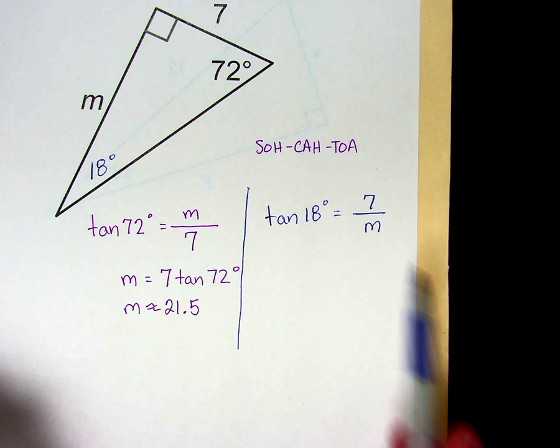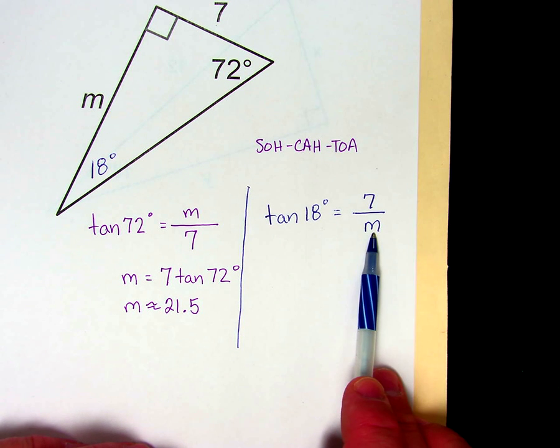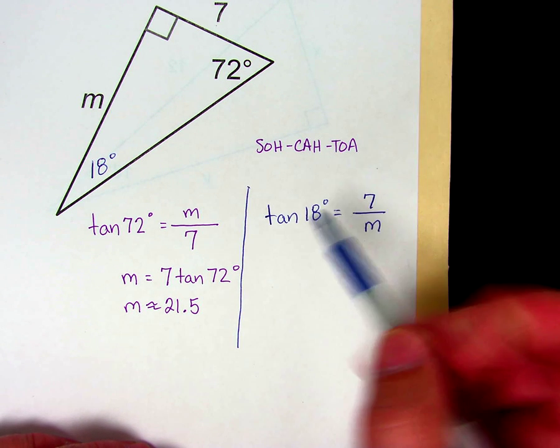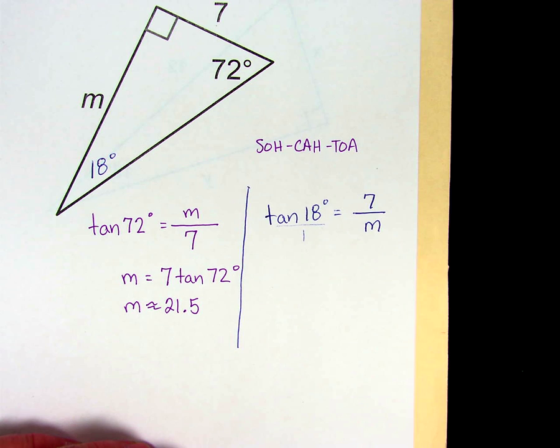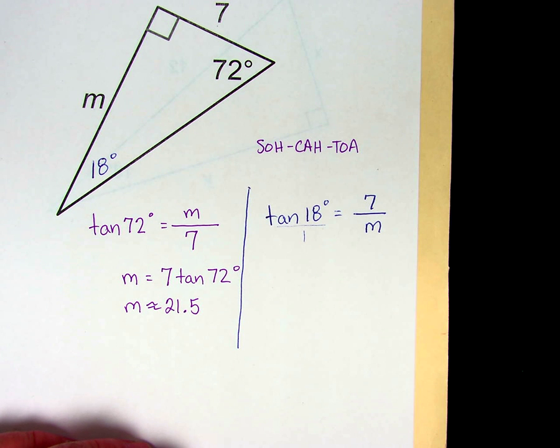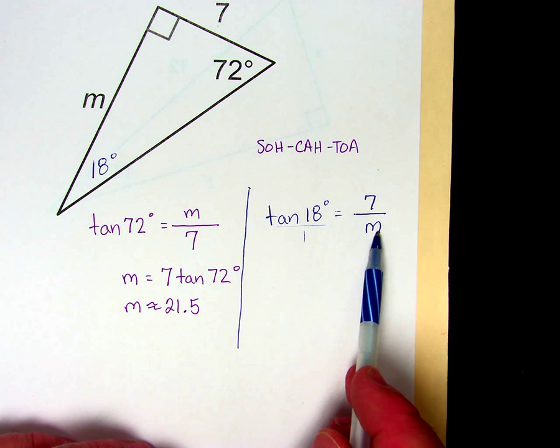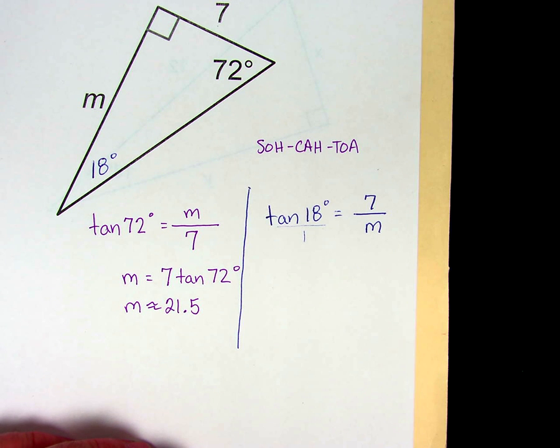Well, remember, this is a ratio, this is a ratio. As long as the cross products are equal, the proportion is true. This would be the same as tangent of 18 degrees divided by 1. So if I have 1 times 7 and tangent of 18 degrees times m for our cross products, it doesn't matter where they are.